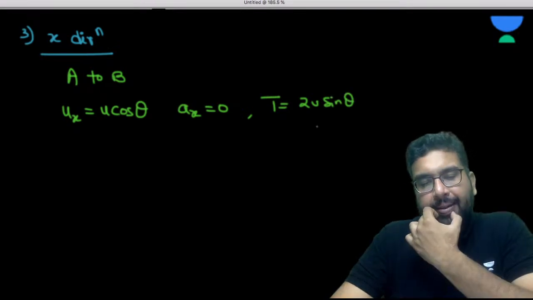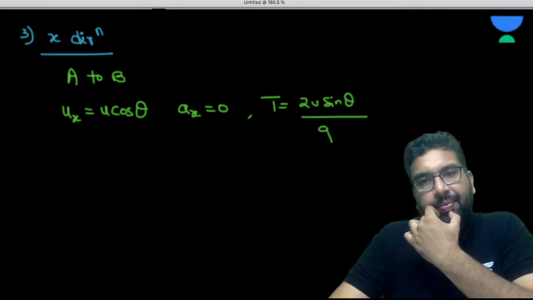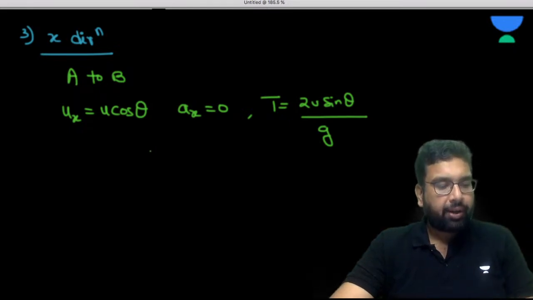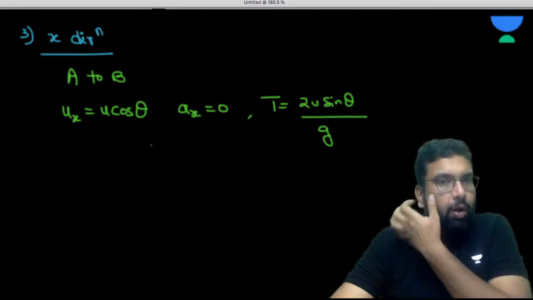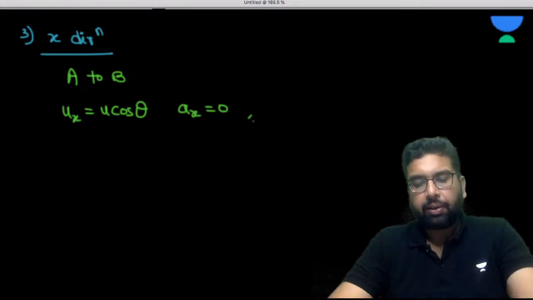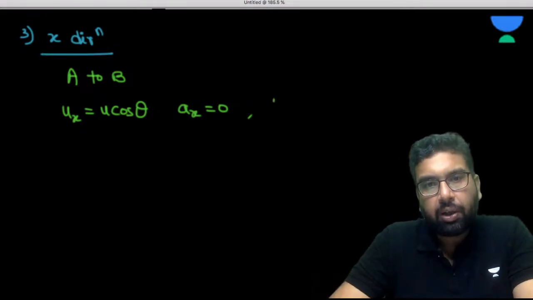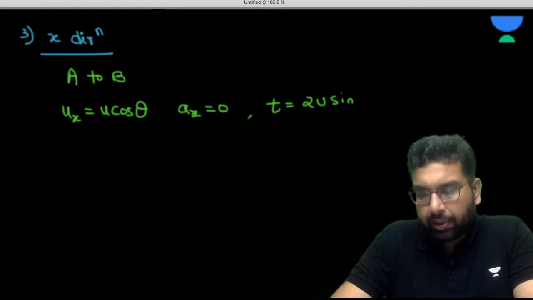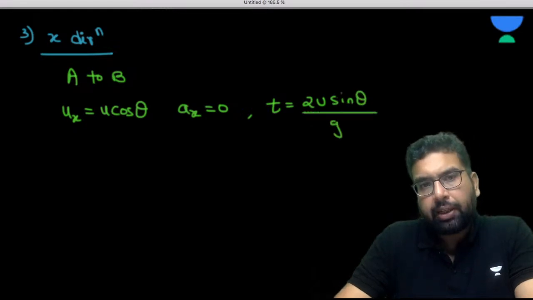Right? Or otherwise we have the h. So we have the t also. T is the time we already have, that is 2u sine theta by g. Super easy, na? Very easy it is.